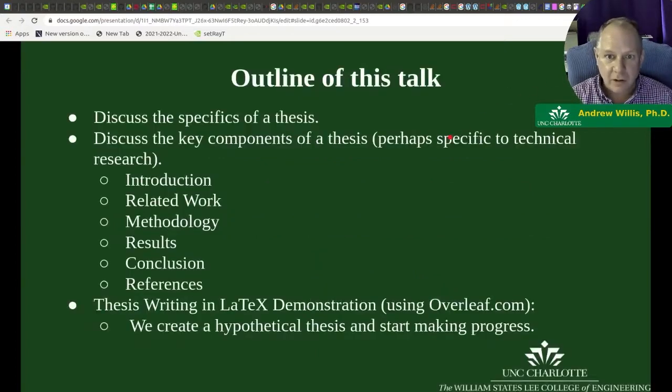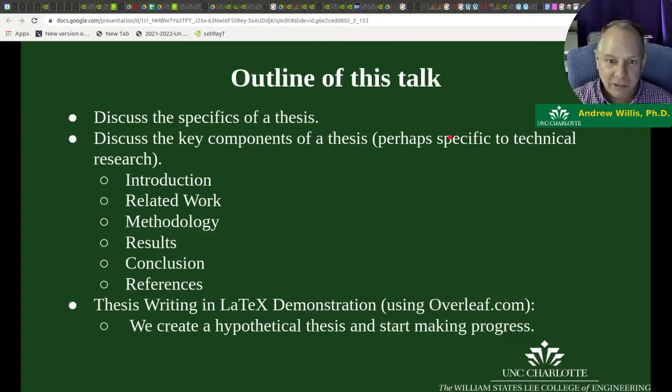Okay, so the outline of the talk as a whole is to discuss and define what a thesis is, because writing a thesis, you have to have a clear understanding of exactly what you are buying into. So we start off with just saying what is a thesis. And then, for theses written in my area and in many areas, the fundamental components of a thesis and what questions they answer, as it relates to the charge of writing a thesis document.